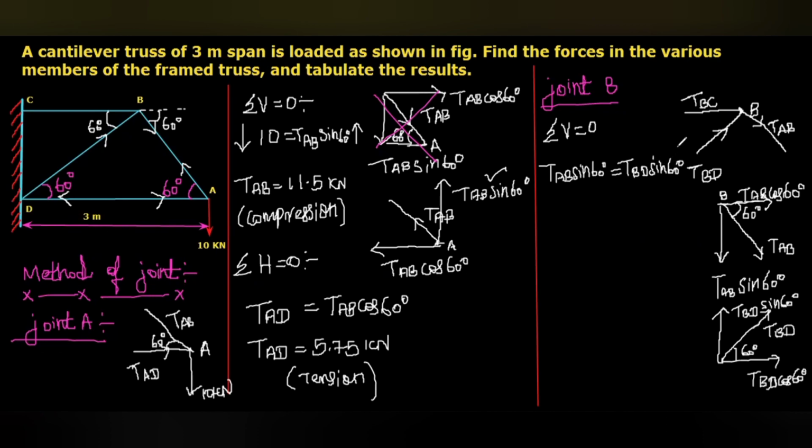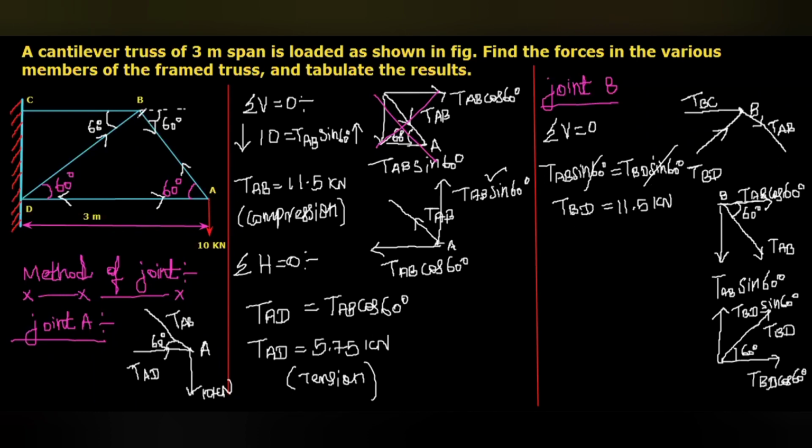Here you can see the sine 60 we can cancel. So TAB equals TBD. The TAB we calculated already. So the TBD is also 11.5 kilonewton.